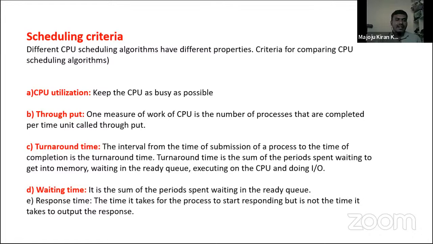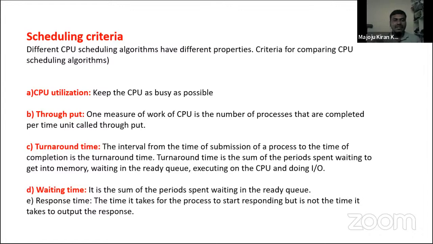Okay, and turnaround time. The turnaround time is the time from the submission of a process to the time of its completion. That means when the process is submitted to the CPU and when the process is completed, the difference between the submission time and the completion time is called the turnaround time.